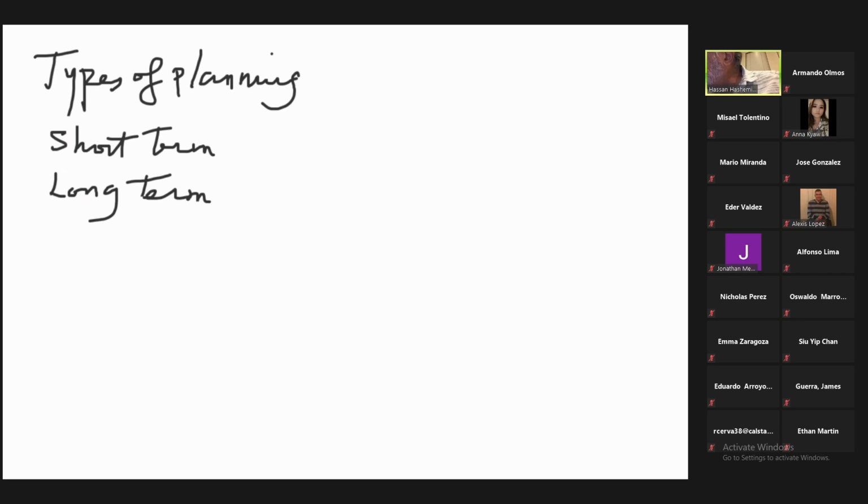I want to figure out what I'm supposed to do in the long term, 25 years to 40 years. So on the long term, there are 3 basic elements of long-term planning.